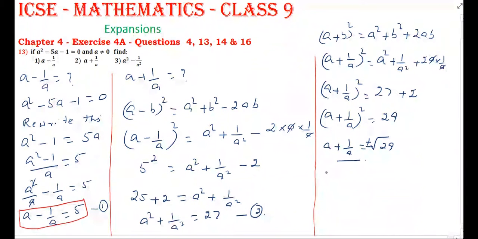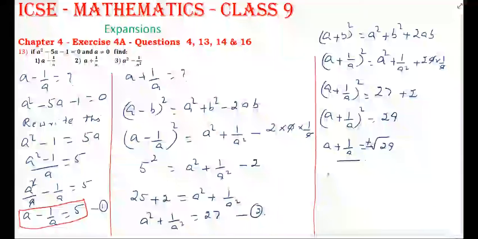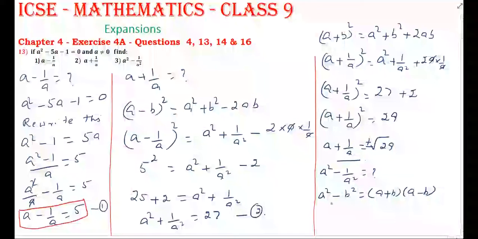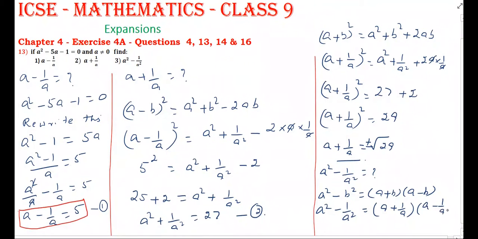So now we need to find out a square minus 1 by a square equal to what? We are using the formula a square minus b square equal to a plus b into a minus b. This is a known formula. So instead of b we are using 1 by a. So a square minus 1 by a square equal to a plus 1 by a into a minus 1 by a.